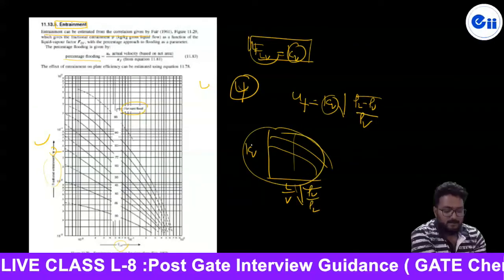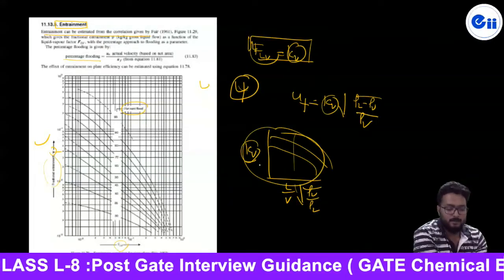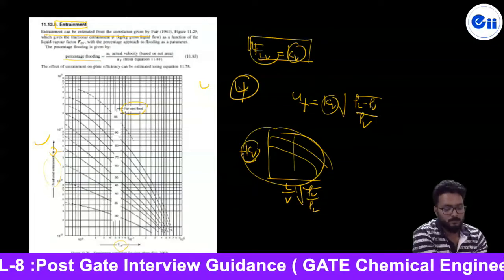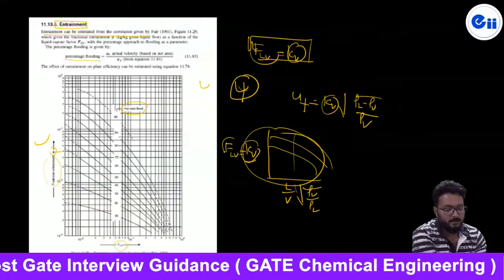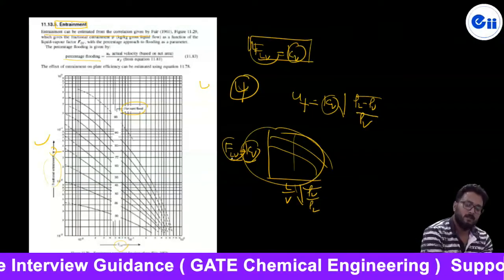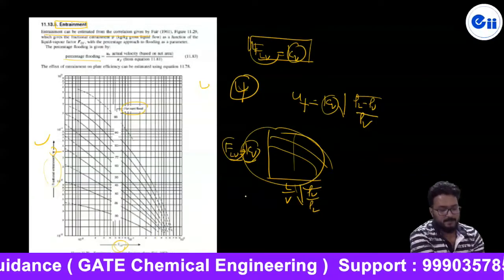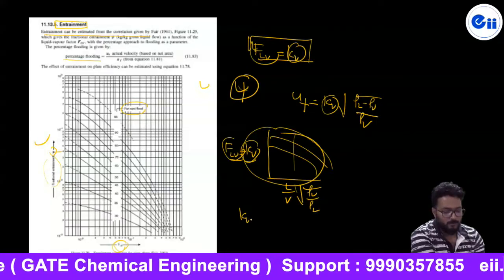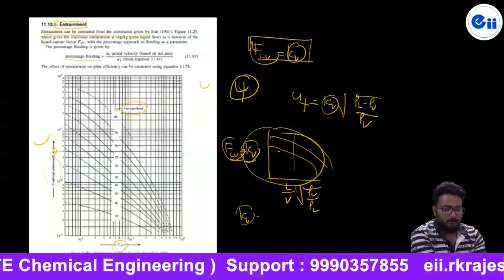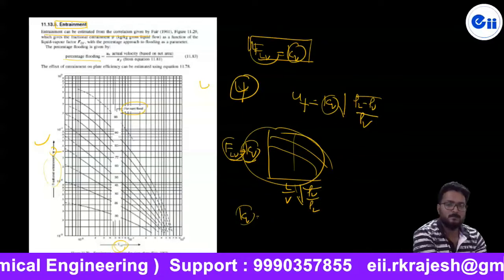So this was the data kV used in McCabe Smith, and in Coulson Richardson they use FLV. The meaning is the same here, no need to worry. FLV is just like kV, and the value of kV we have already calculated.